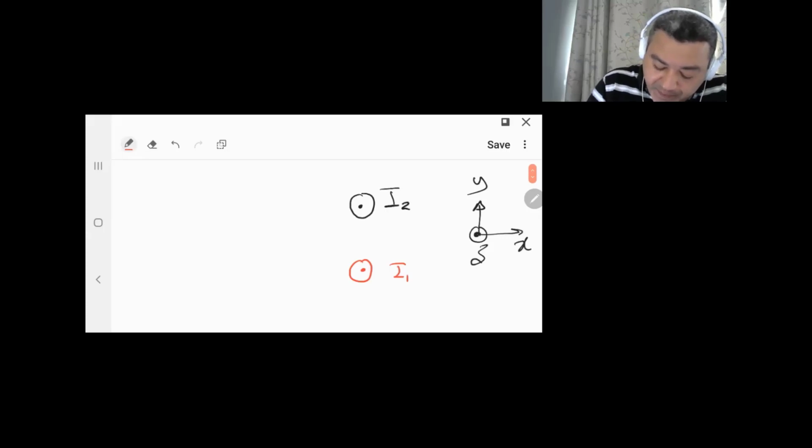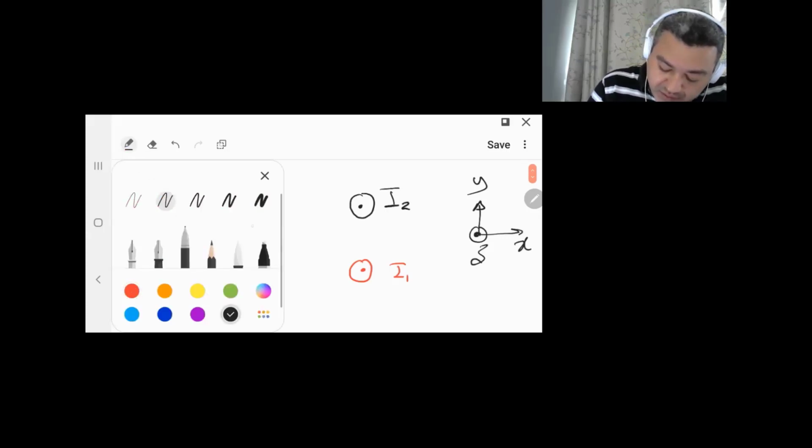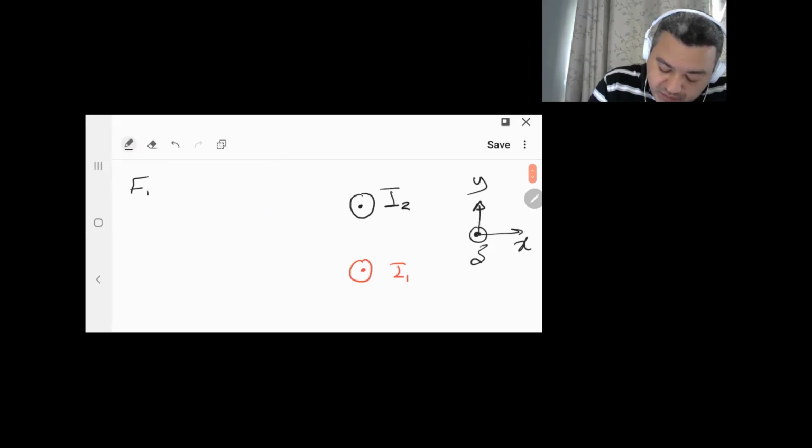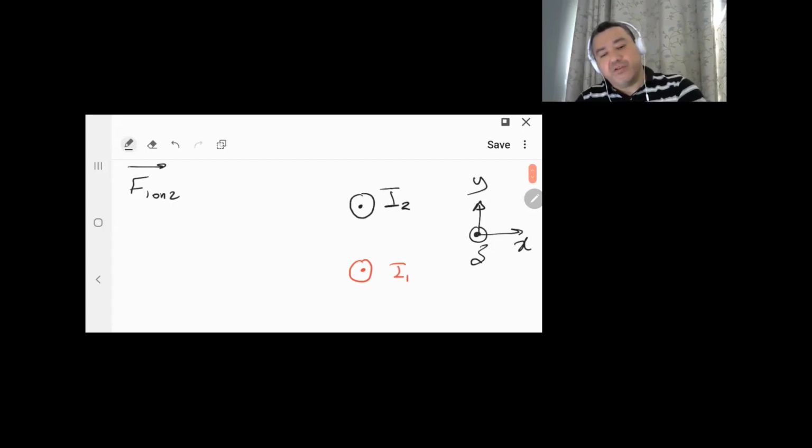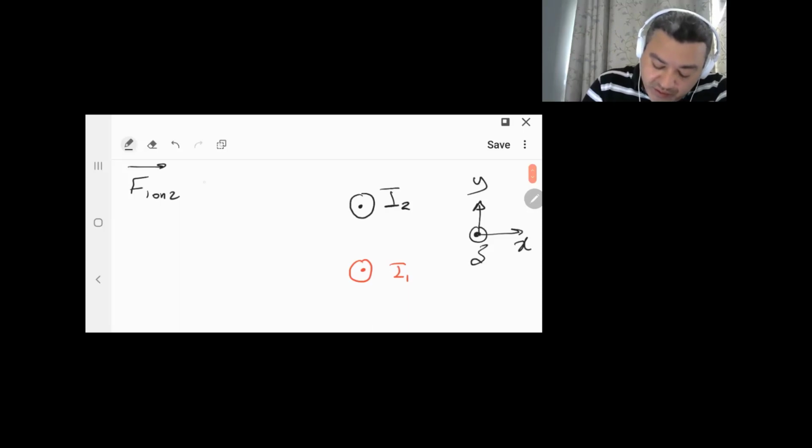So F1 on 2 is the magnetic force due to the magnetic field from wire number 1 on wire number 2, then this one would be I2 L2 cross B1.